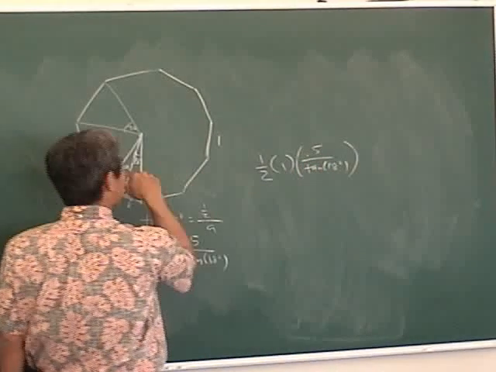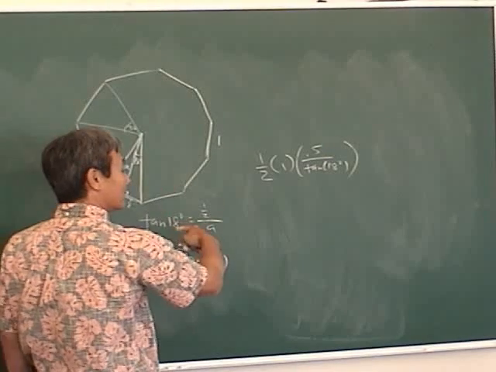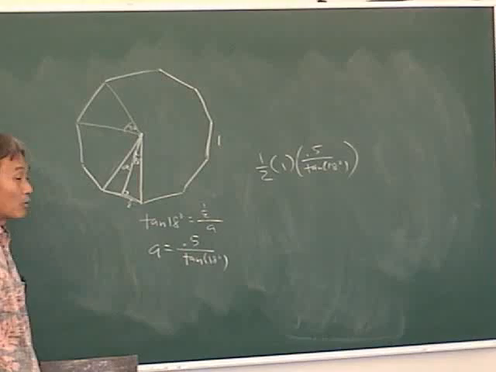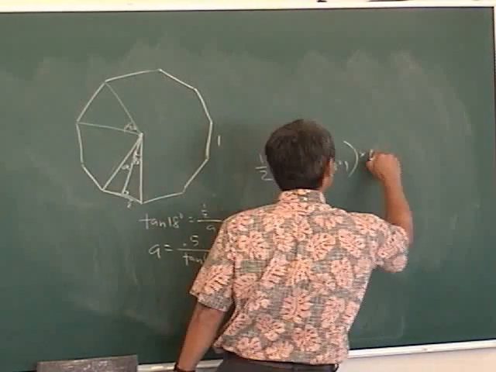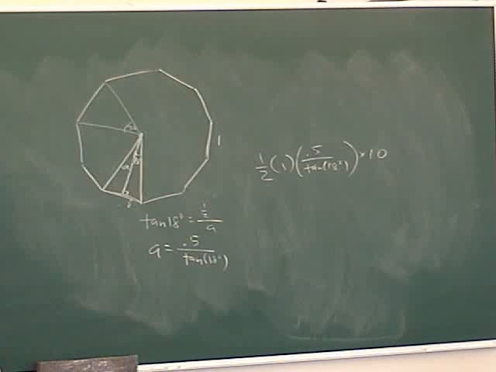That's the area of this one triangle, but then you gotta times it by? This is a decagon, not a 20-gon. 10. Then you gotta times it by 10. Now you can punch that in on your calculator, boom, you get the answer.